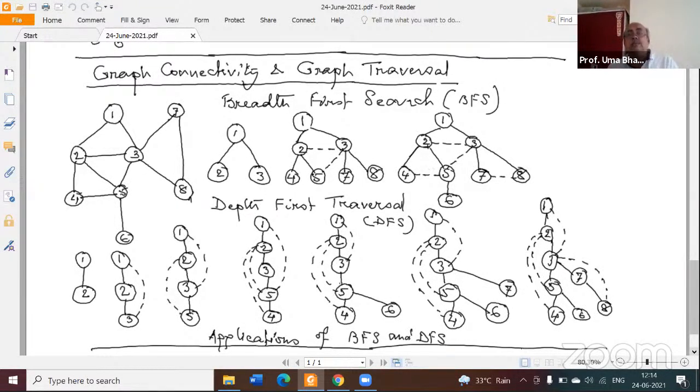But you can see this is how we keep on progressing. Naturally, this will be a different tree compared to your BFS. So BFS and DFS will give you different trees, but they will represent the same graph.